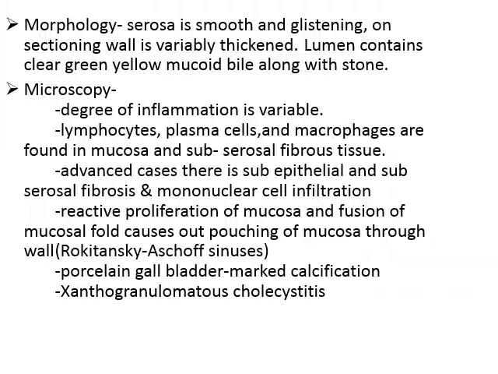Microscopy. Microscopy is very important because it is given as a slide in your exam. Degree of inflammation is variable. Lymphocytes, plasma cells and macrophages are found in mucosa and subserosal fibrous tissues. Advanced cases, there is subepithelial and subserosal fibrosis and mononuclear cell infiltration may be present.